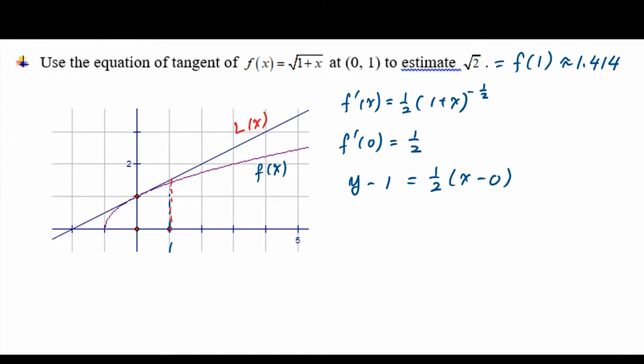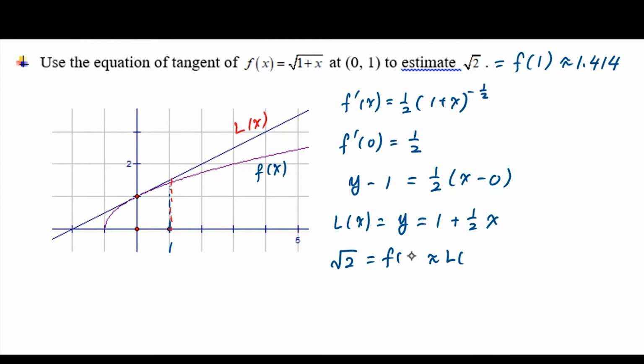So our y, which I'm going to call L of x, is equal to, I'm going to write it a little bit weird. Okay, so far so good. Now, our square root 2, which is what our f of x is, we don't know how to compute directly, but it's approximately the same as L of x.